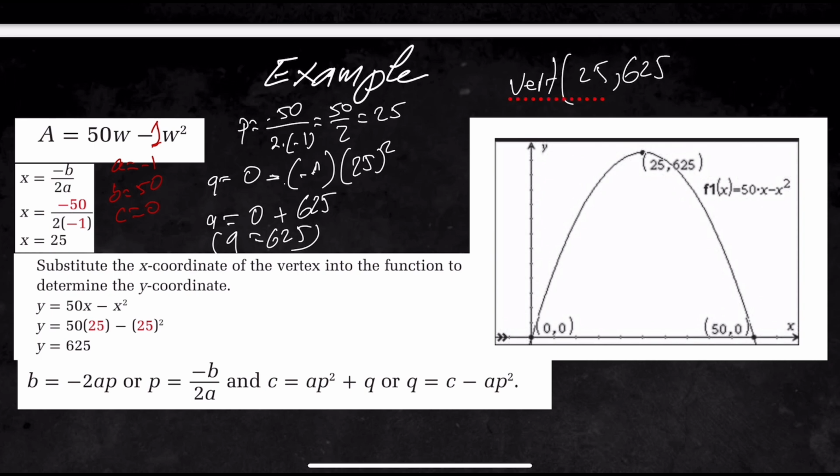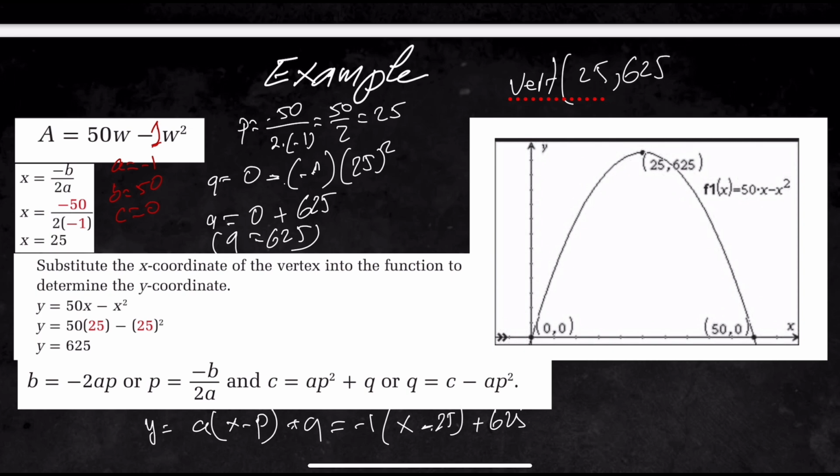And I can come to my graph, and I can also write my vertex form equation, which is y equals a times (x minus p) squared plus q, where my a is minus 1 times (x minus 25) squared plus q, my q is 625.